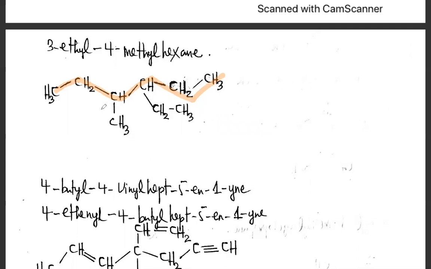So they can ask you to do the topological formula. So topological would be something like this. Like that. Then here, this is 1, 2, 3. You're going to have your ethyl like that. So it's carbon number 1, carbon number 2. Then at position number 4, you're going to have your methyl like that. So I put the semi-developed structure with the topological formula.